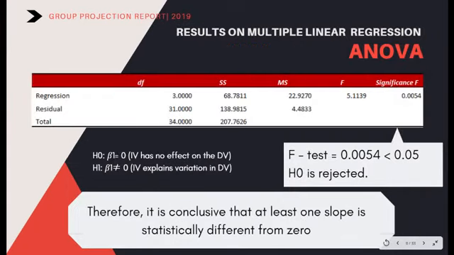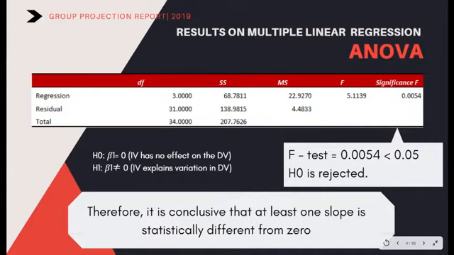Next, we move to the ANOVA results. For the H0, the significance F is equal to 0, which means the independent variables have no effect on the dependent variable. For the H1, the significance F is different from 0, which indicates the independent variables explain variation in the dependent variable.